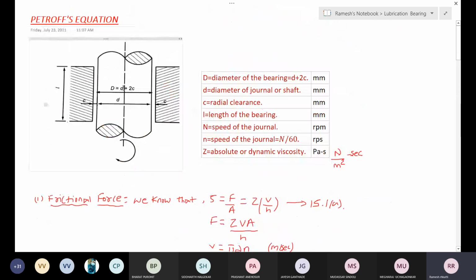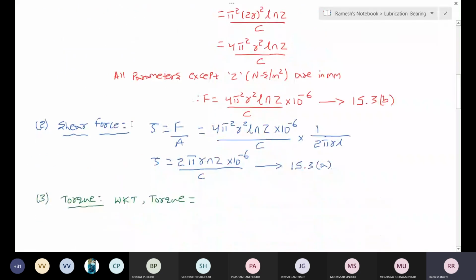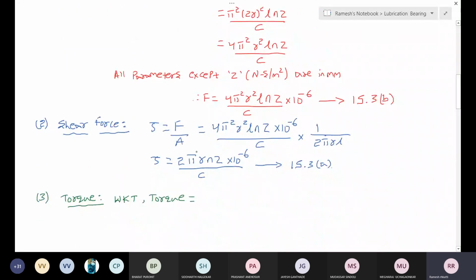Torque is equal to frictional force multiplied by the radius of the shaft. It will give you the torque. Therefore, torque is equal to frictional force multiplied by the radius of shaft.